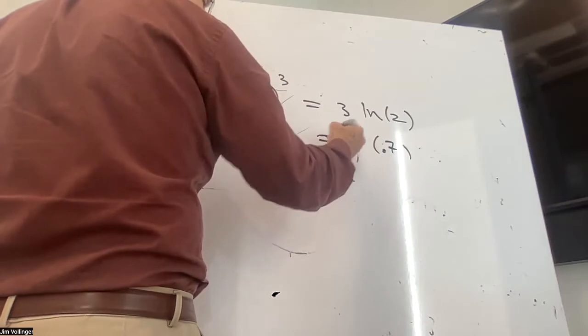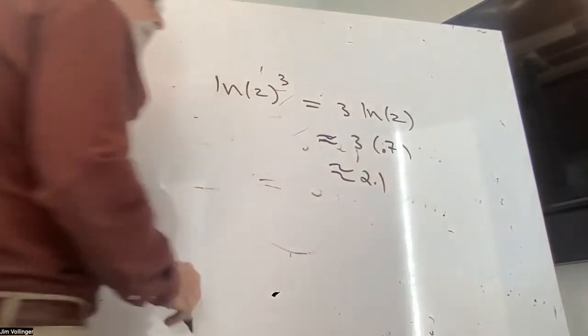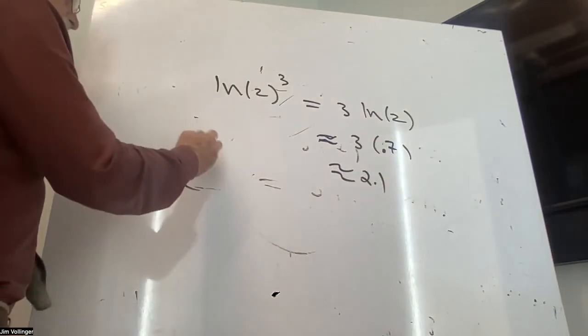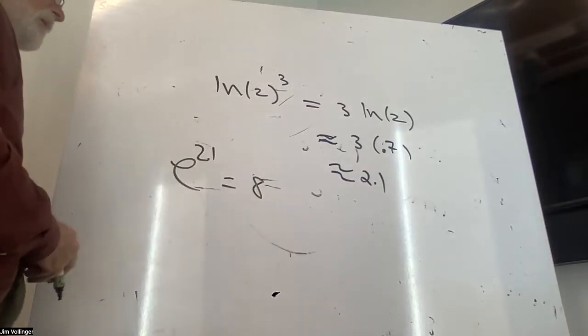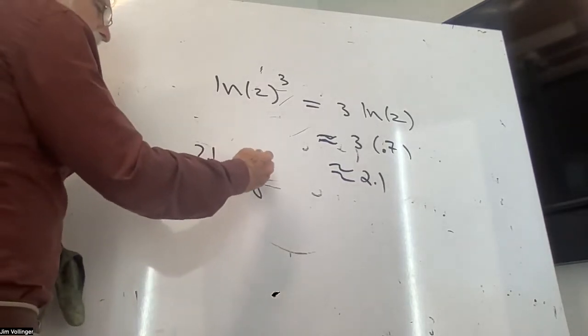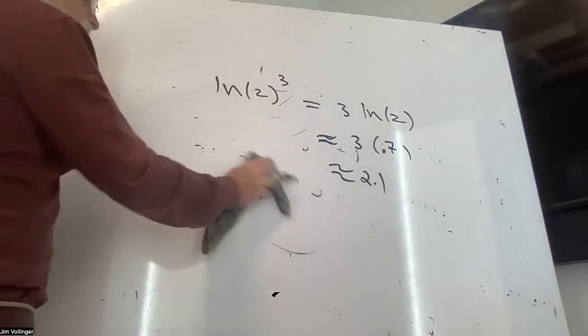So this should have been an approximation symbol. And that's approximately 2.1. So what is e to the 2.1 approximately? It's 8. Put it in the calculator. It's probably 7.989, something like that. 8's close enough to have a feel for it.